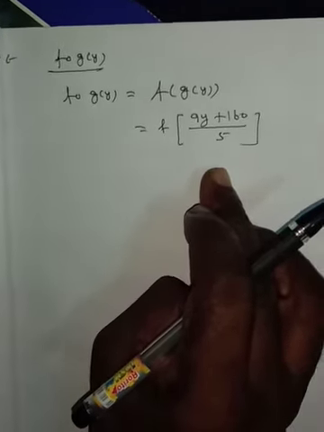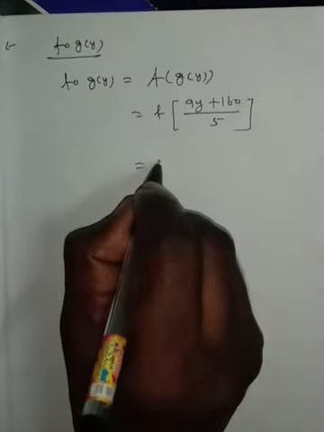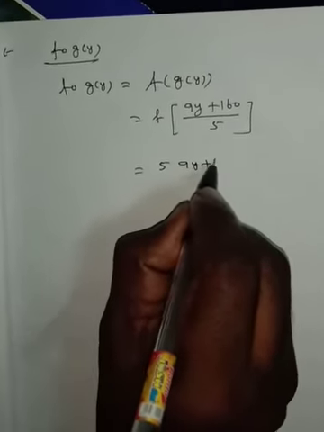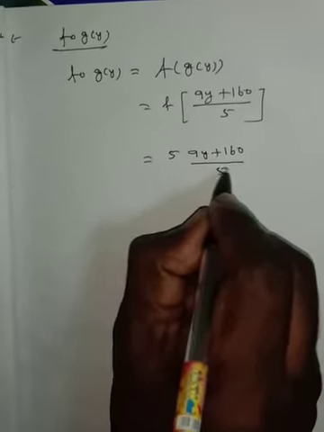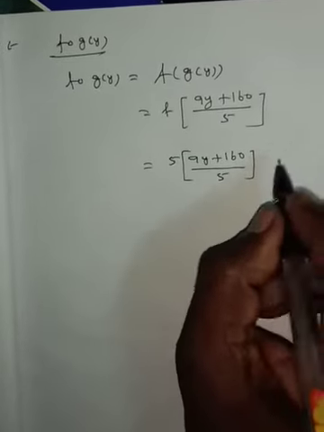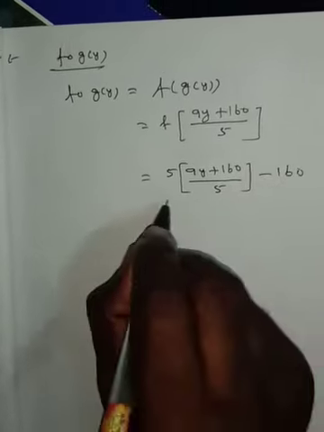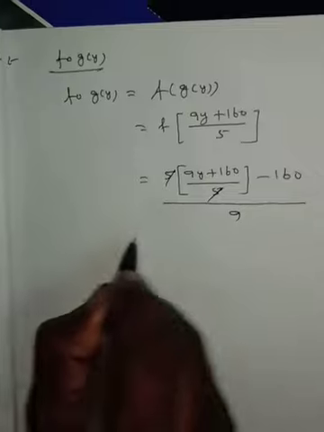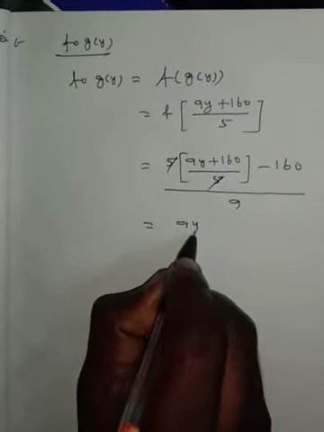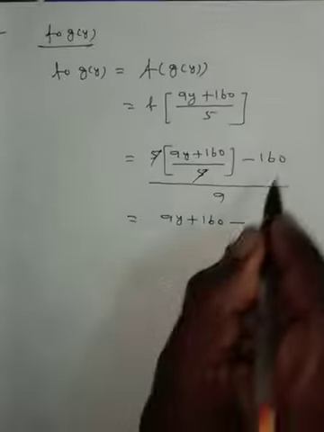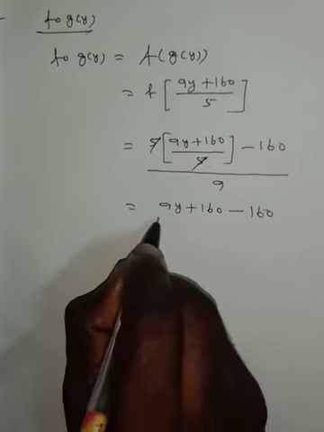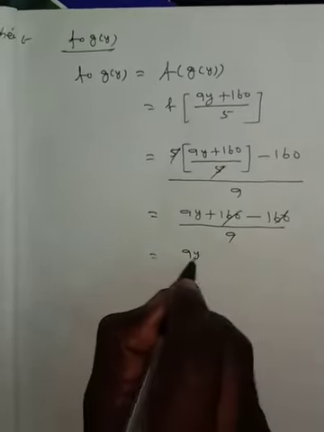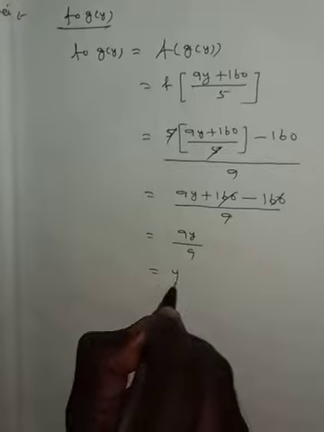Therefore it is equal to 5 times (9y plus 100 divided by 5) minus 100, whole divided by 9. 5 cancels, 9y plus 100 minus 100, whole divided by 9. Cancelling these two, 100, 9y divided by 9 is equal to y.